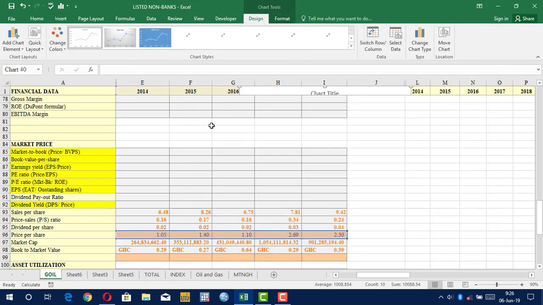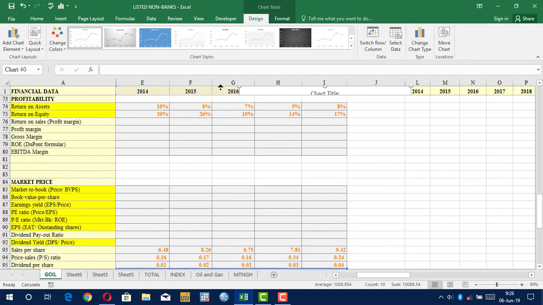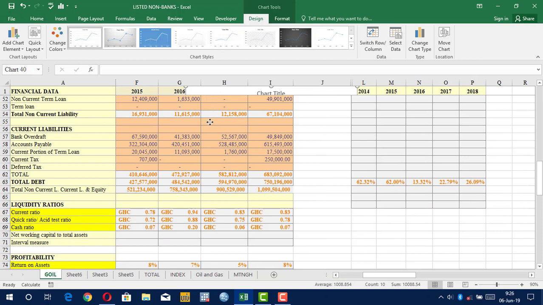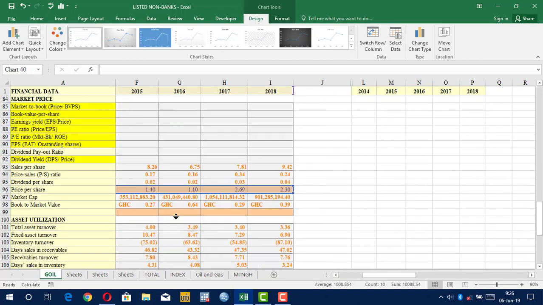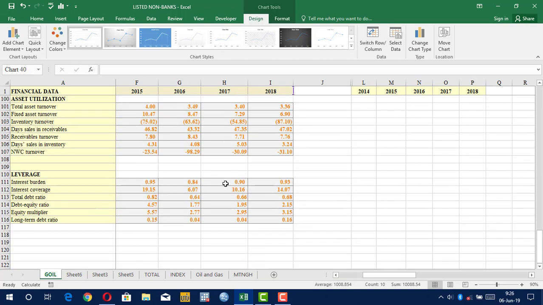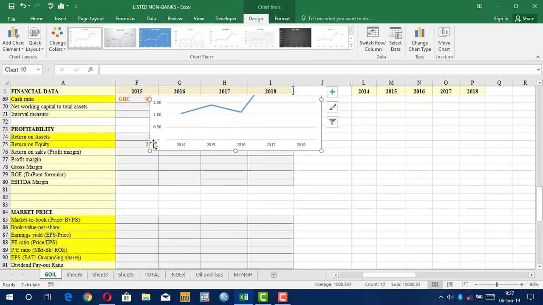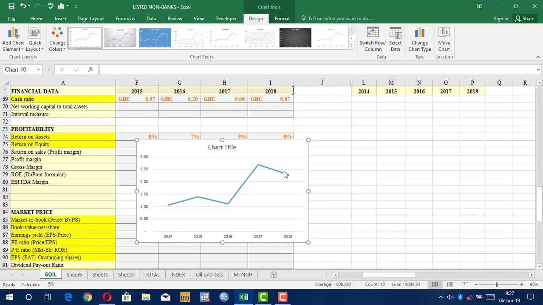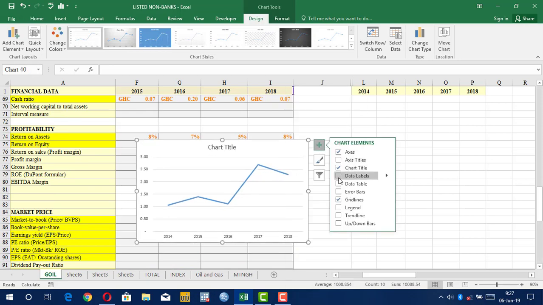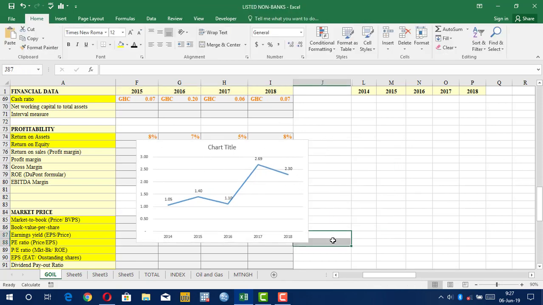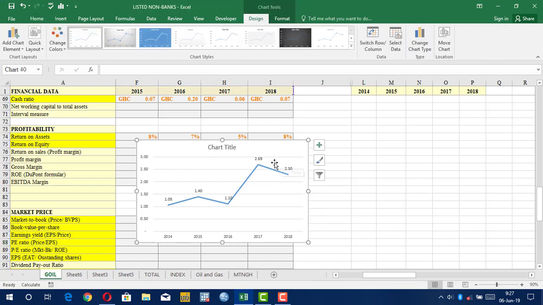So over the years, the chart is here. This is not really part of our analysis, but let's look at how the share price has performed on the market.